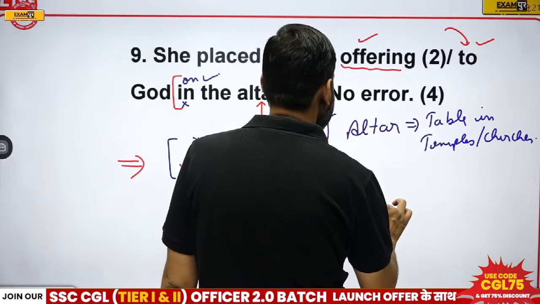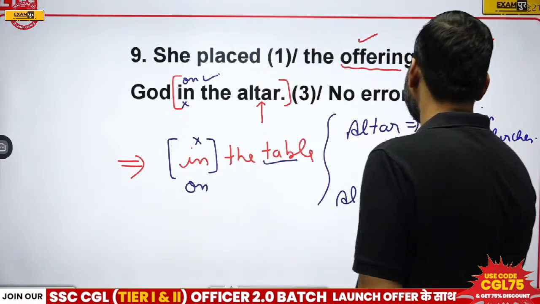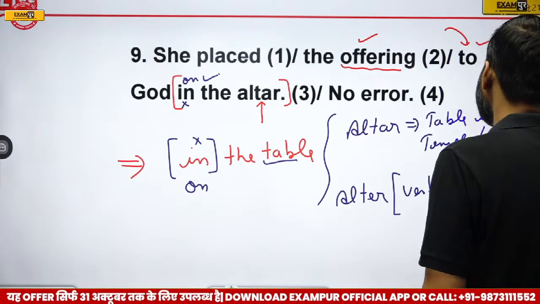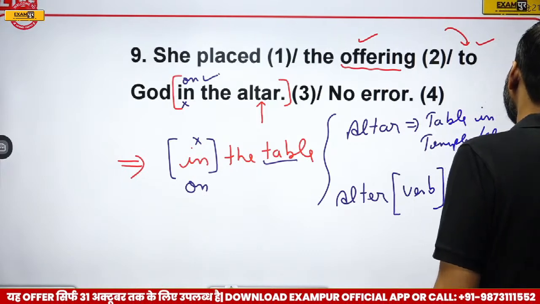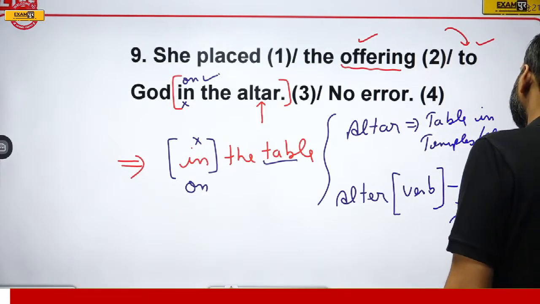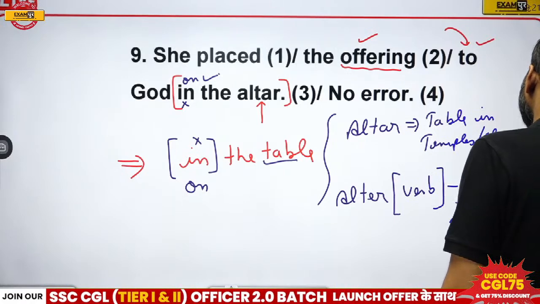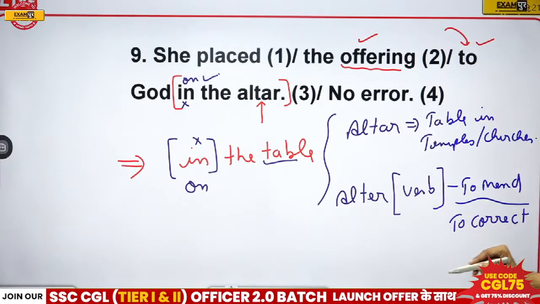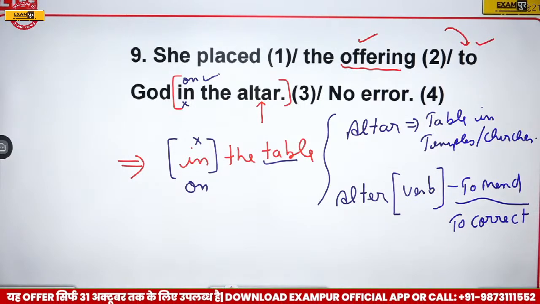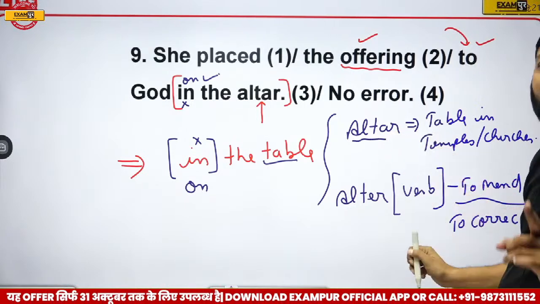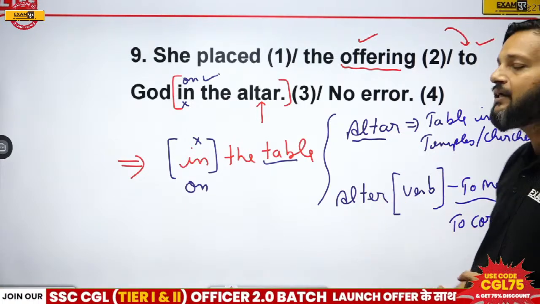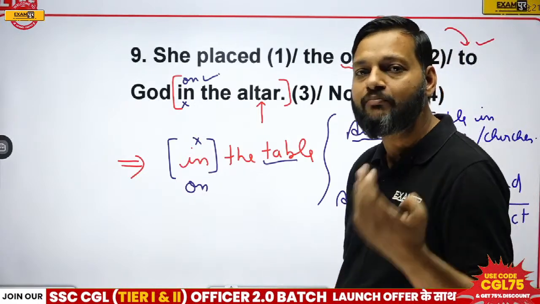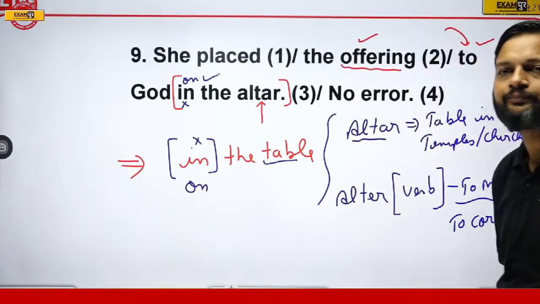Alter, A-L-T-E-R, alter is a verb. It means to mend or to correct. Okay. So altar, A-L-T-A-R, is a noun which means a table, and alter, A-L-T-E-R, is a verb which means to mend or to correct. Okay.